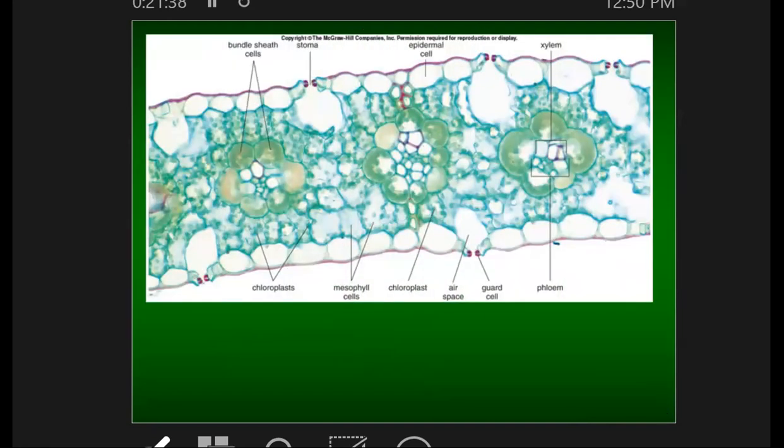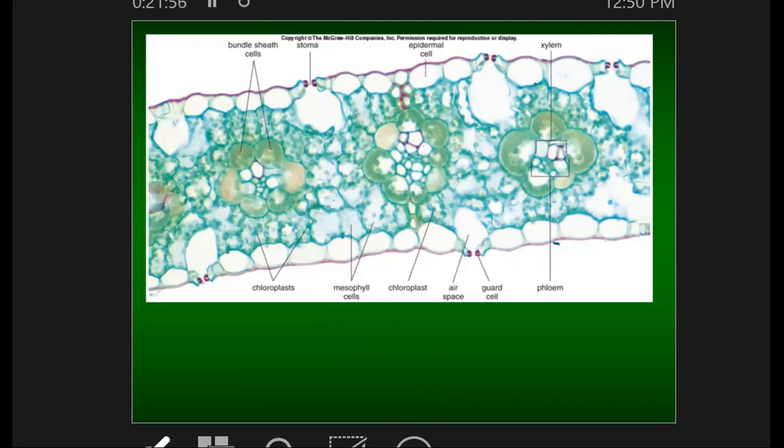This is a cross section of a leaf. I believe this is a maize or corn leaf. And one thing to notice, and when we get into leaf design, I'll point this out again, you can actually tell if a plant is a C4 plant or not by looking at its leaves under the microscope.